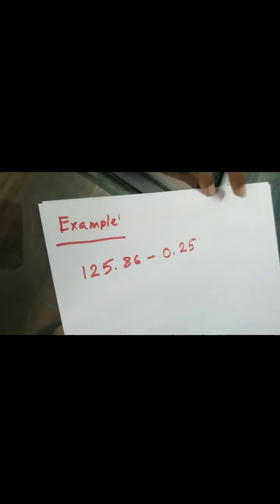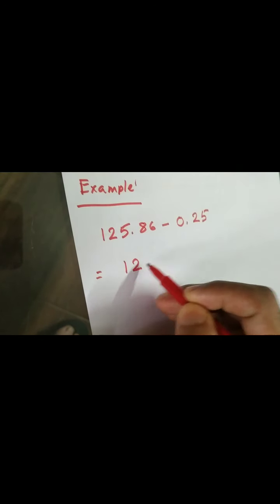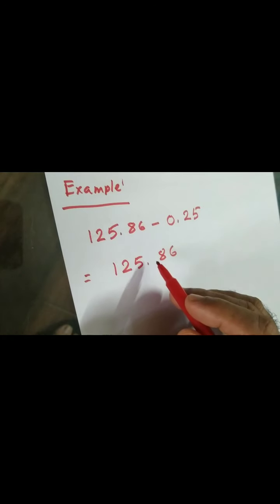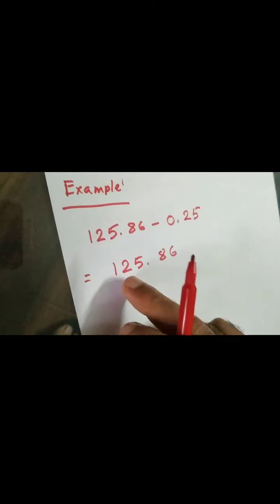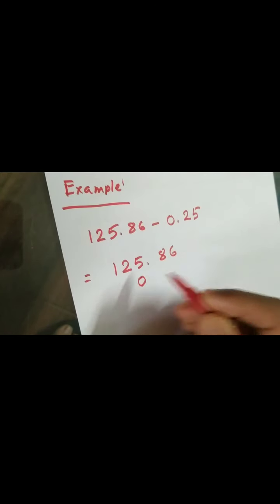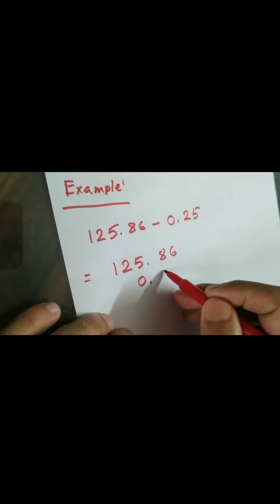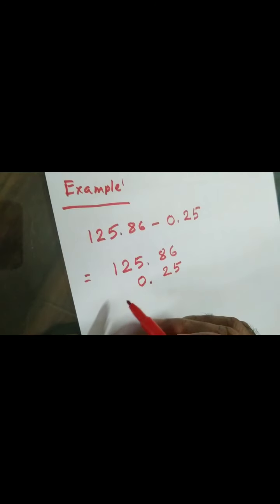So what will be my first step? My first step will be to arrange these two numbers in vertical fashion. You see, there is 0 before the point. I mean there is no number beneath 5, 2, 1. So I will just put 0 beneath 5, put a point, and match up 25 with 0.86 above it.